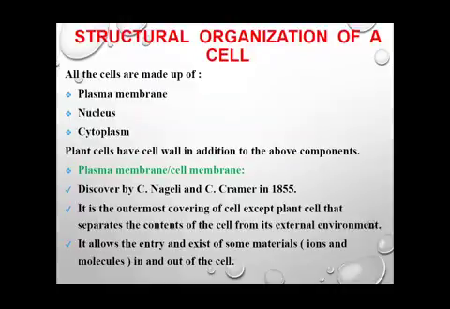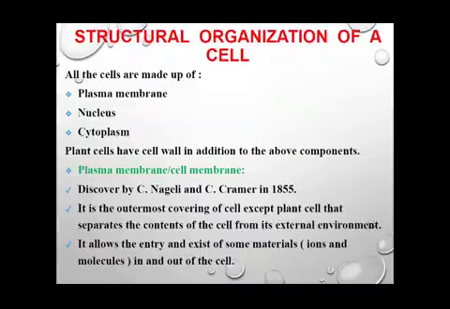The main function of the plasma membrane is to separate the cell and its contents from the outer environment, so that whatever things should not enter the cell are kept away with the help of this plasma membrane.